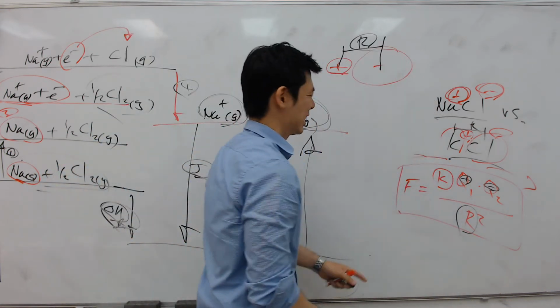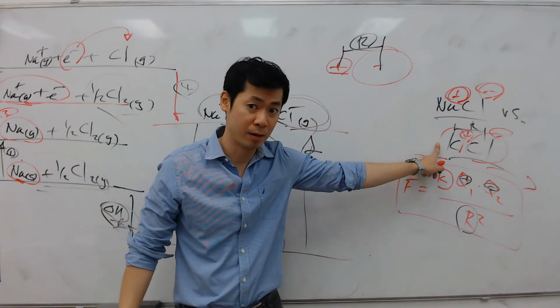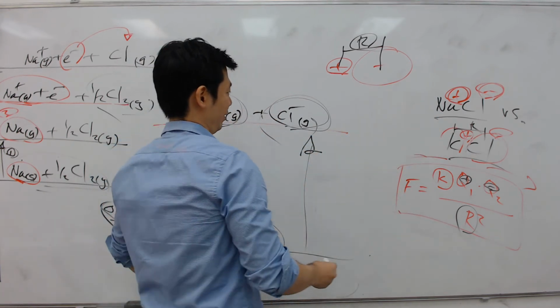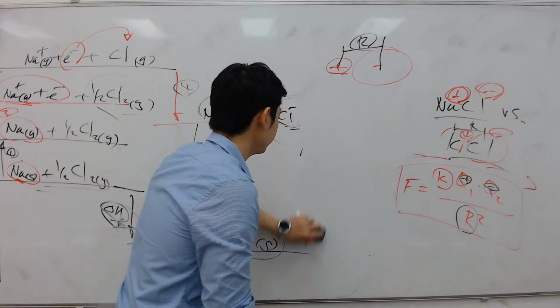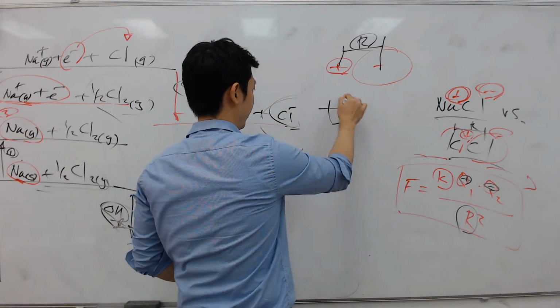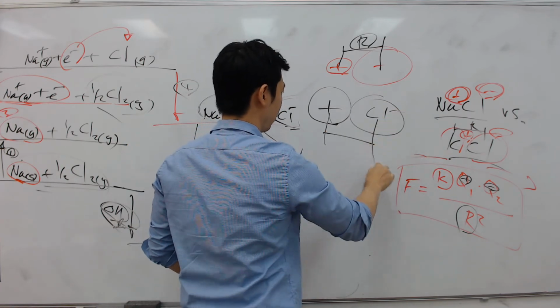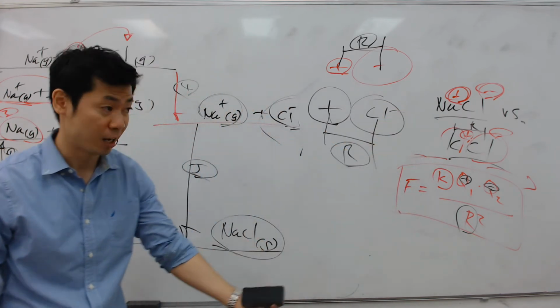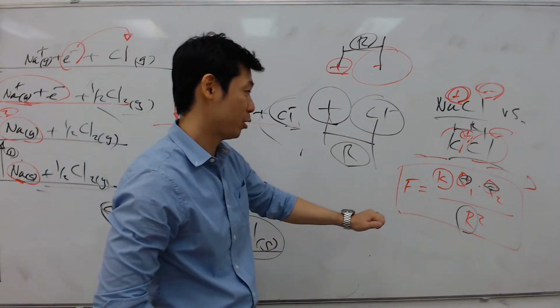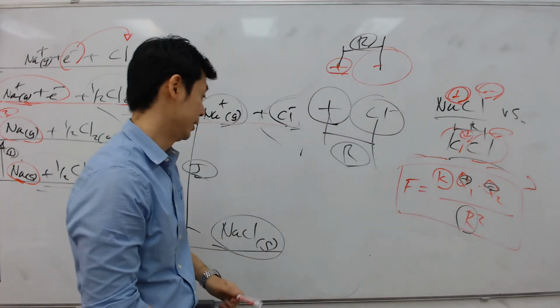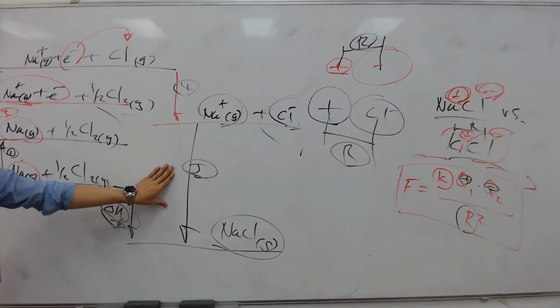Because K plus is a bigger atom compared to Na plus. So the R value is greater for KCl, which means the Coulombic attraction between K plus and Cl minus is weaker, resulting in a lower, smaller lattice energy.